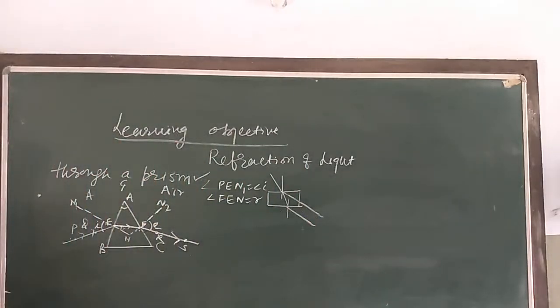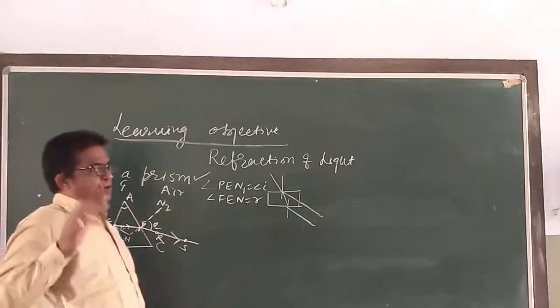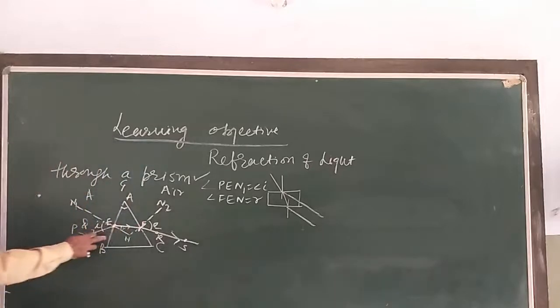The incident ray PE suffers two refractions, one at E going from air to glass, and the other at F going from glass to air.